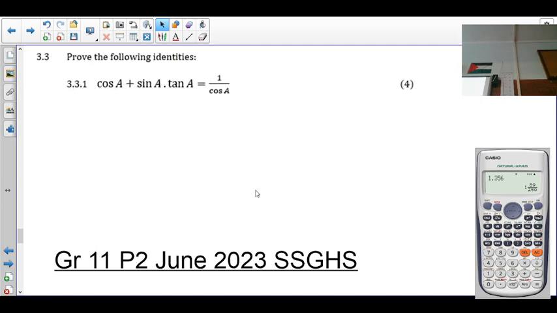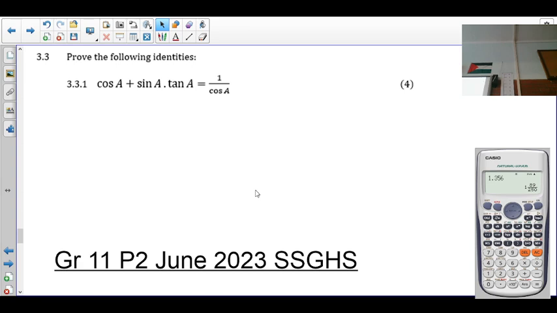Let's go to the next question, question 3.3.1. We have sine of A plus cos of A times tan of A equal to 1 over cos of A. They ask you to prove the identity.